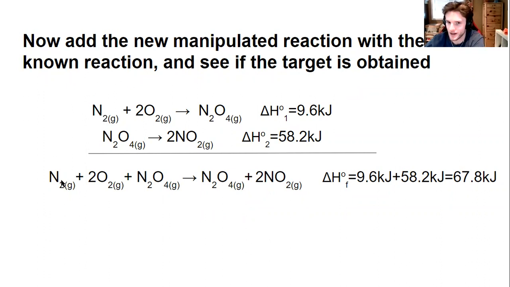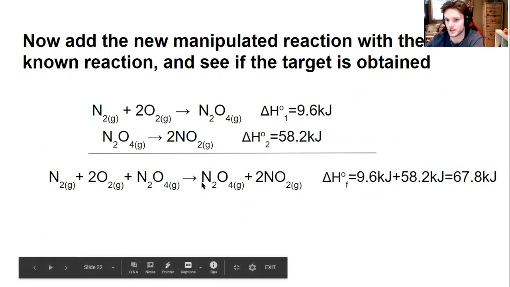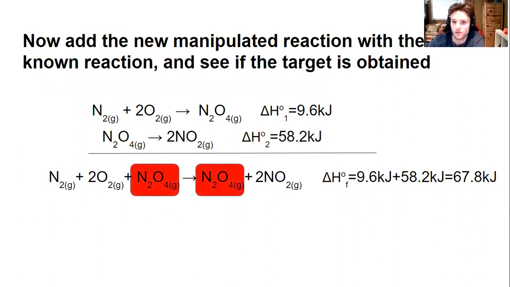So the left-hand side of both is going to be the left-hand side of our result. And same with the right-hand side here, sorry. And now what do we notice? So we have an element on both sides.